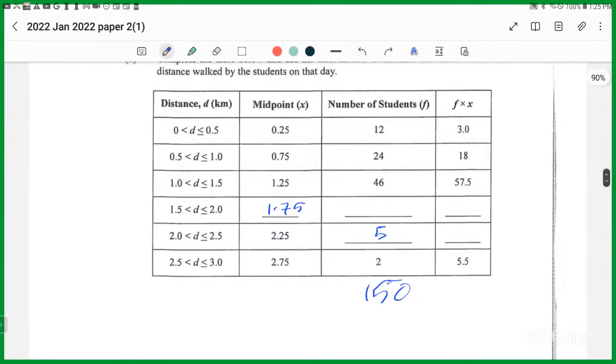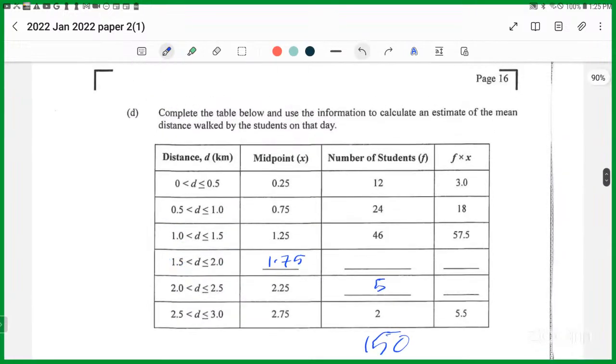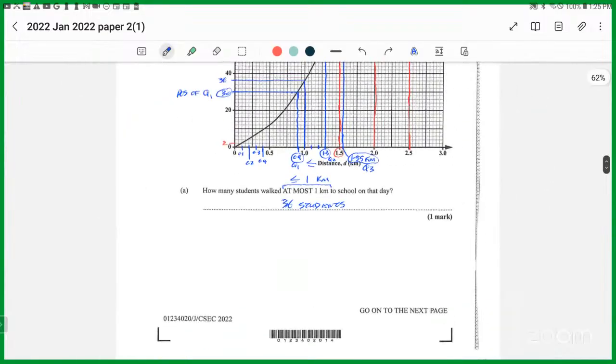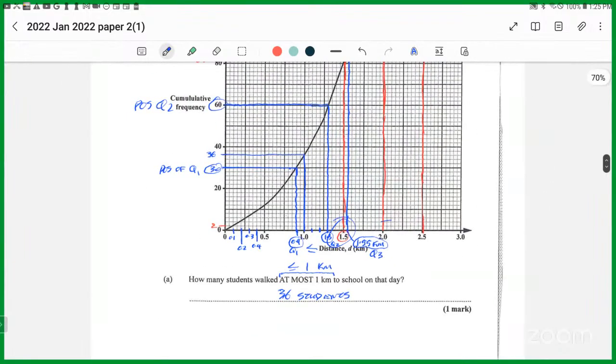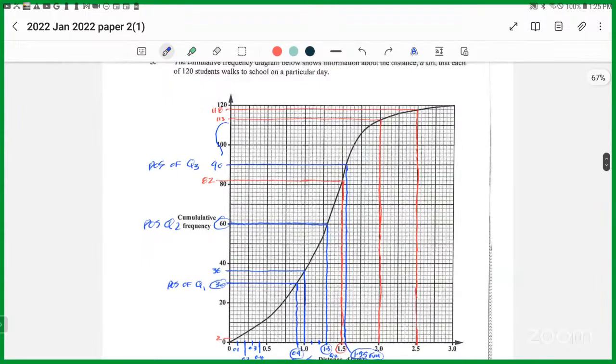So the one between 1.5 and 2. Let's look at that one. Between 1.5 and 2 is between here and here.